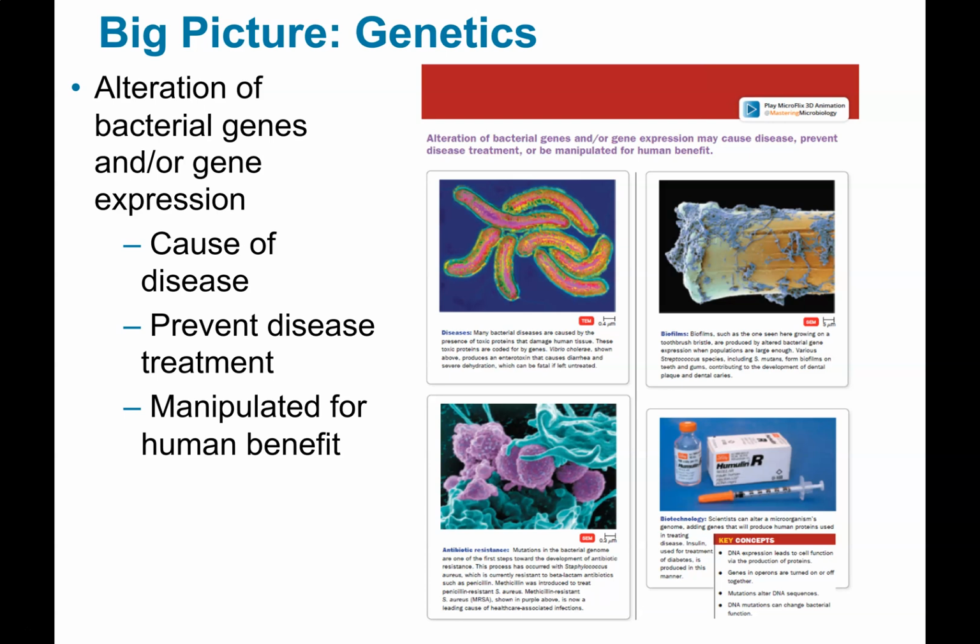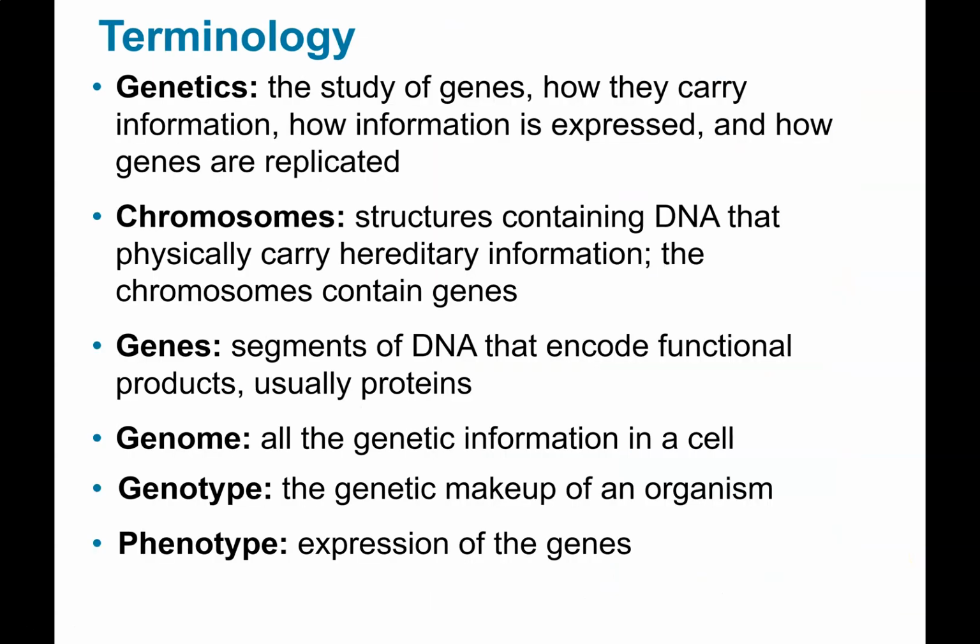You can see some examples here of how genes and gene expression impact our lives with diseases, biofilms, antibiotic resistance, and biotechnology, which is the production of medications like insulin, as well as vaccines. All right, enough of the big picture. Let's start getting into this chapter.